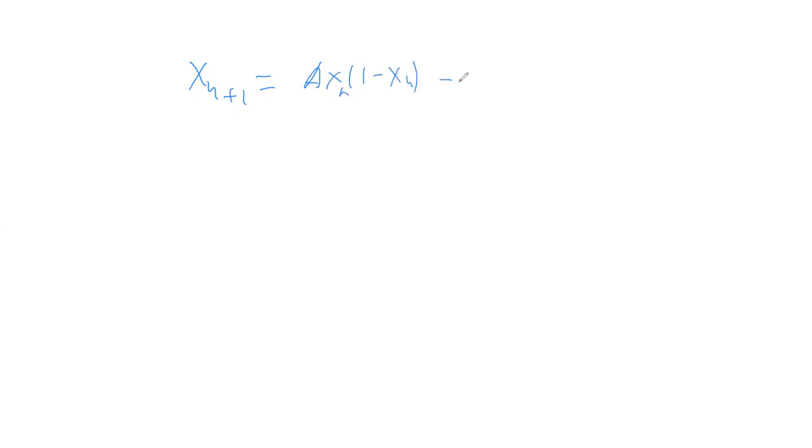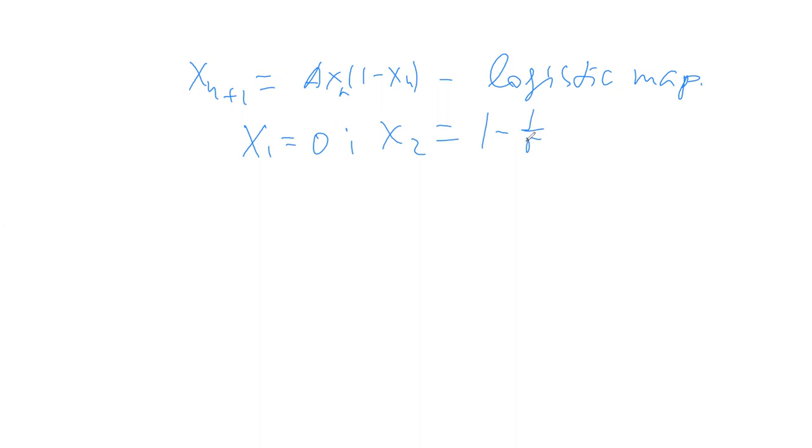We know this very well. It is the logistic map. And for the logistic map, we know that we have two fixed points: x1 equals 0, x2 equals 1 minus 1 over a. And we know when they are stable.